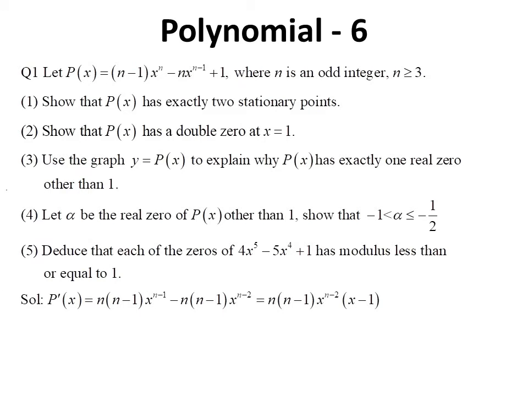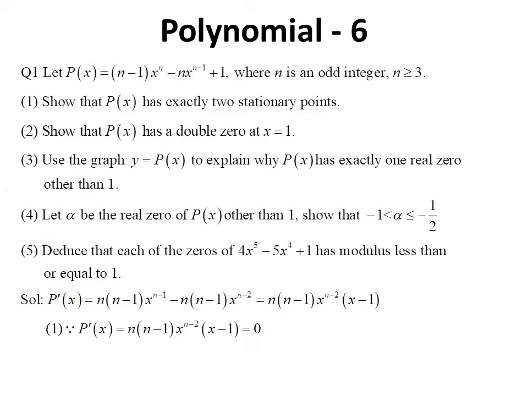As for the first question, it asks us to show that the polynomial p(x) has exactly 2 stationary points. We need to look at its derivative function. So p prime x equals n times (n minus 1) times x raised to the power of n minus 1 minus n times (n minus 1) times x to the power of n minus 2.